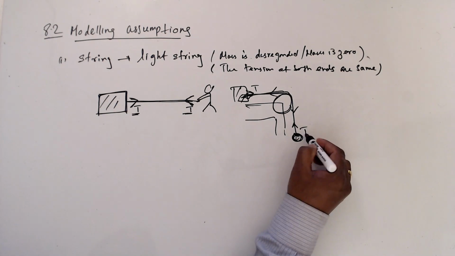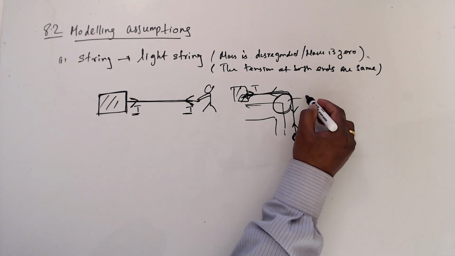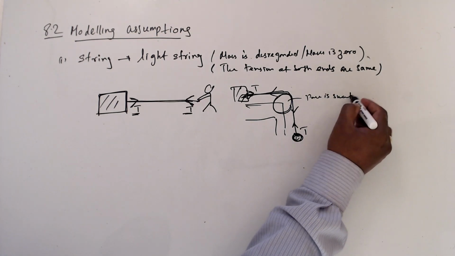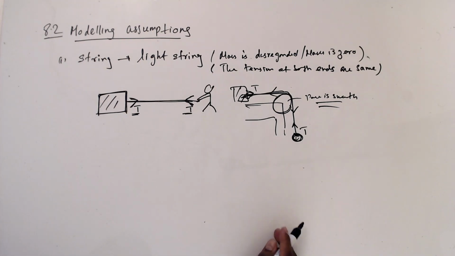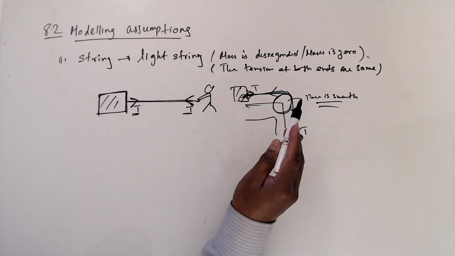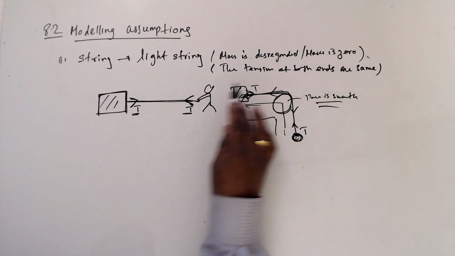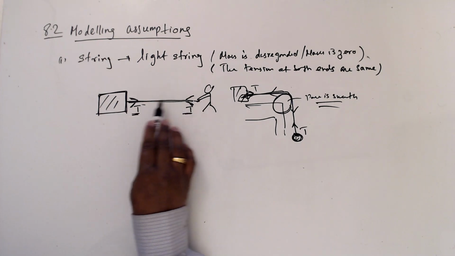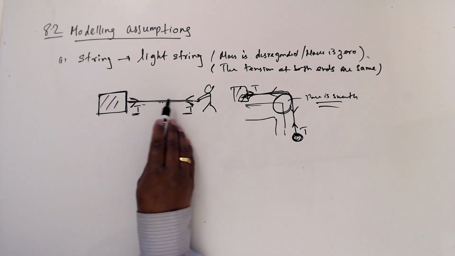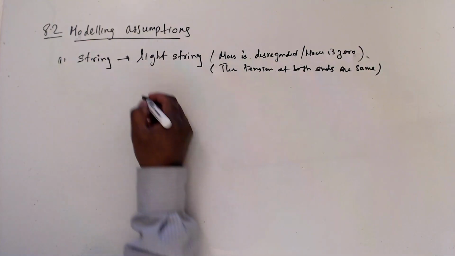So this is T, and this is T, given that the pulley is smooth. So if we use a light string, we have to think of two things: the mass of the string is disregarded, it is zero, and the tension at both ends is the same.